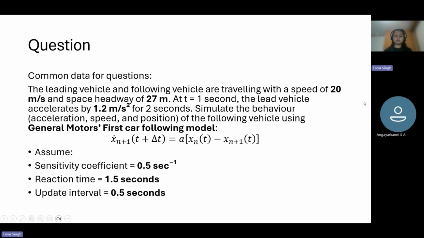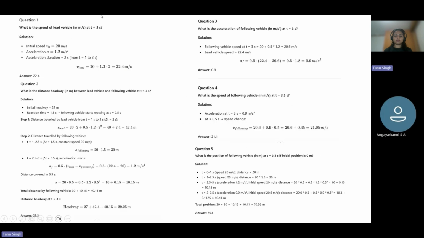As you can see in the question, the initial speed is 20, space headway is 27, acceleration is 1.2, and acceleration duration is 2 seconds, from t equals 1 to 3 seconds. So the speed is 20, the initial speed, plus the acceleration times the duration. So we get 22.4 meters per second. This is the speed of the leading vehicle.